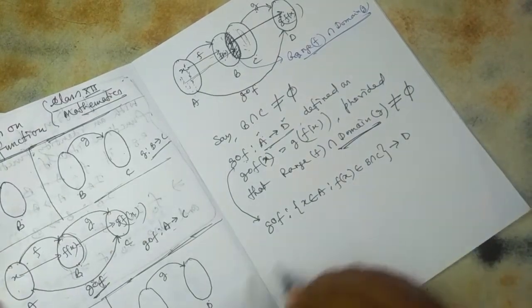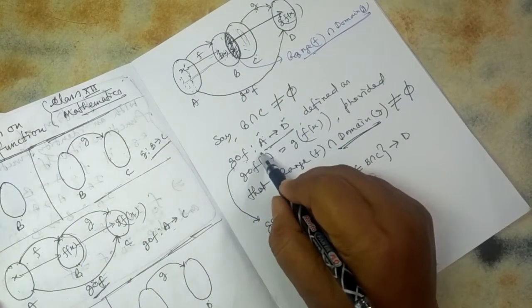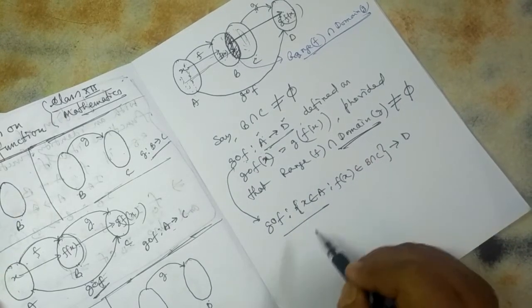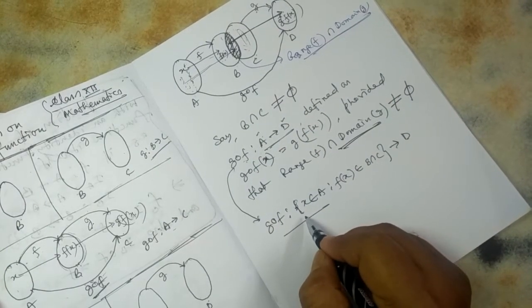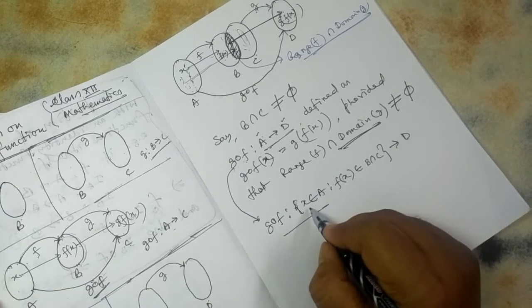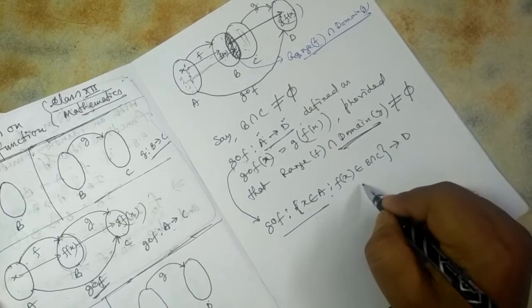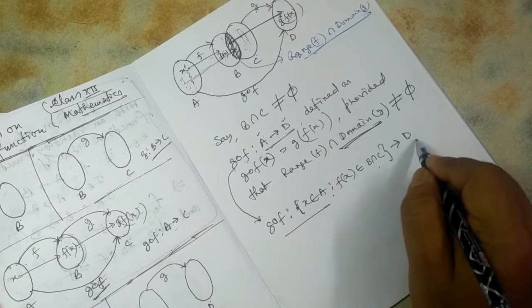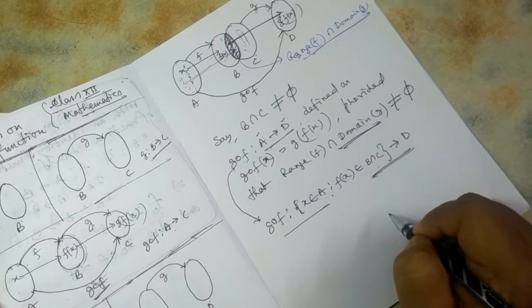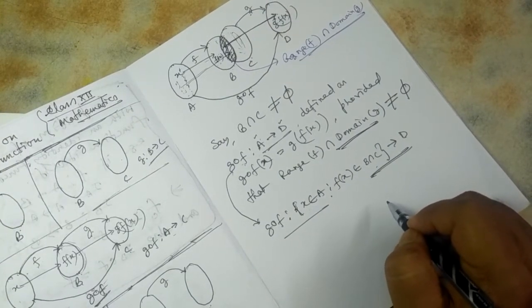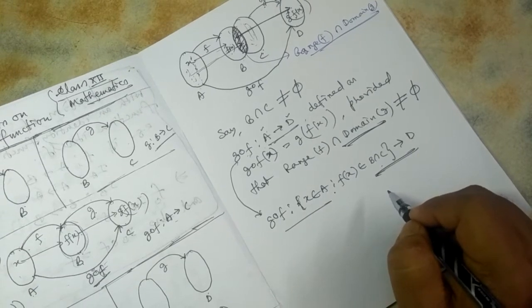So we can define it: g o f is a function from the set of x belonging to A such that f(x) belongs to B intersection C, to the D set. So this is a very important concept of composition of real functions.